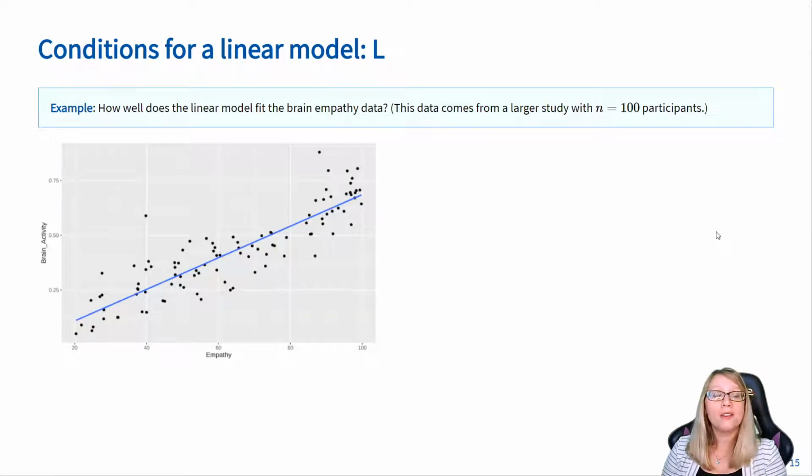The brain activity is measured as a fraction of the activity that she felt in the pain centers while experiencing the shocks herself. In general, we can see that as this empathy score is increasing, so is the brain activity. It's doing so in a roughly linear way. So that L condition looks like it's met.